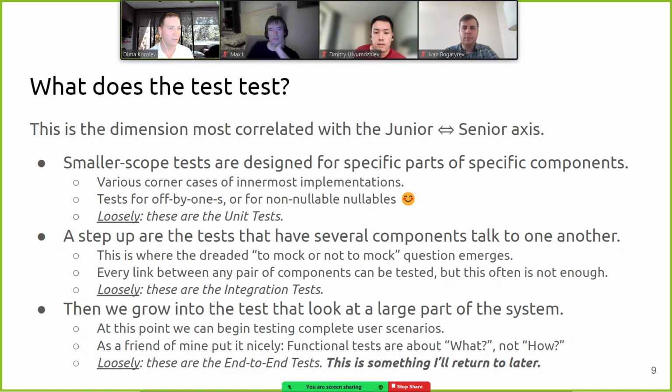There is a tricky subtopic here. A lot of people start using the words functional testing here, and I've actually checked with a friend of mine. He has a startup right now, Alex, and he puts it really nicely. He says, functional tests are about what, not how. If you're testing from the inside, your tests just verify that the way you've chosen to solve certain subproblems is correct.